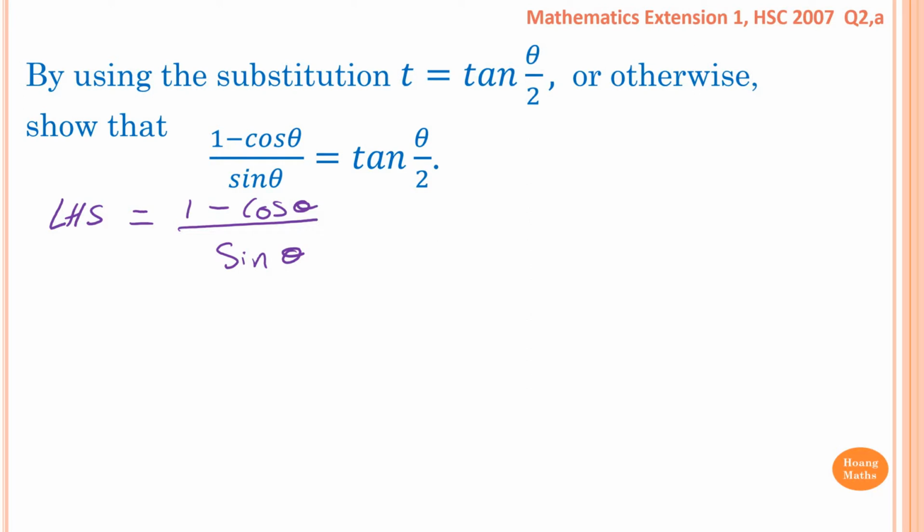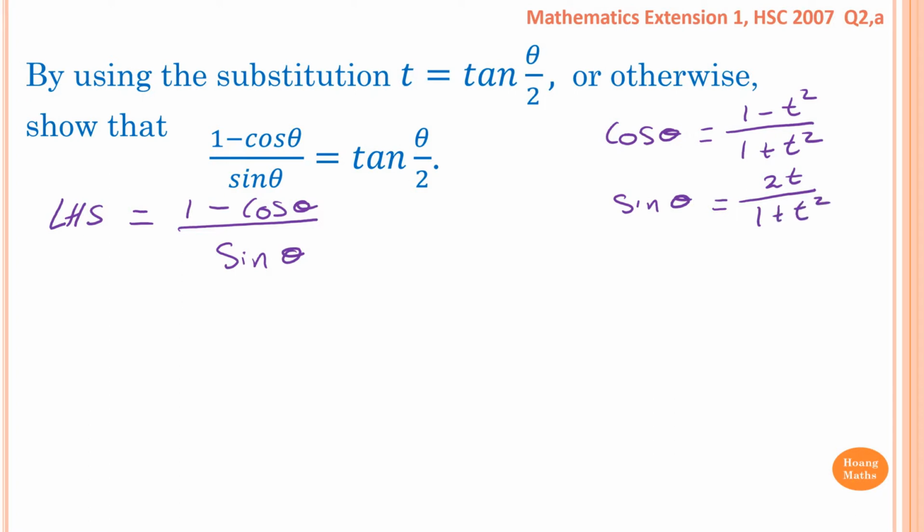We know that cos of theta is equal to 1 minus t squared over 1 plus t squared, and sine of theta is equal to 2t over 1 plus t squared. So now we can just substitute it back in.